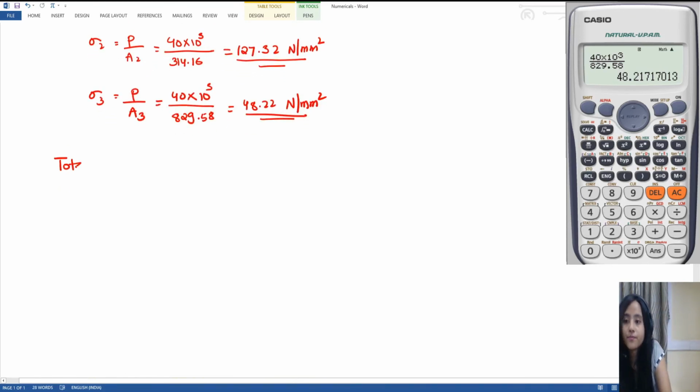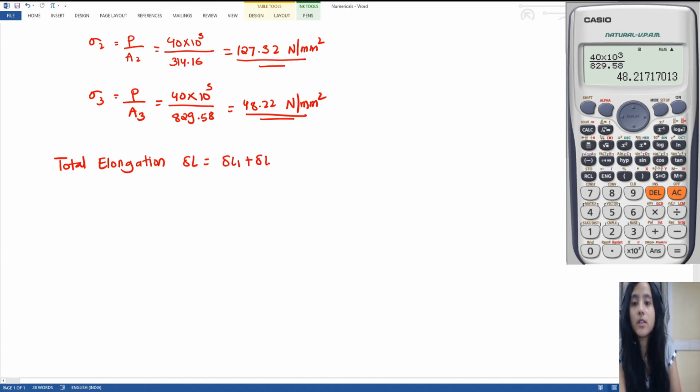Total elongation. del L will be equal to, since all these sections are under tension, it will be all positive. So del L1 plus del L2 plus del L3.